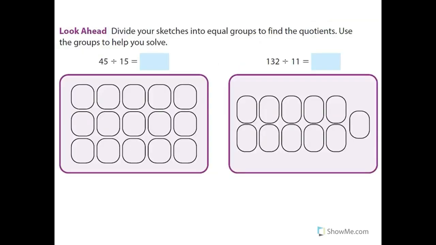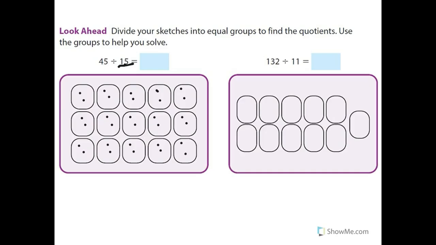Right, and in our look ahead, we're going to divide your sketches into equal groups to find the quotients. Use the groups to help you solve. So here's what I can do on my 45 divided by 15. I'm going to do 2 at first in each one. 2, 4, 6, 8, 10, 12, 14, 16, 18, 20, 22, 24, 26, 28, 30.